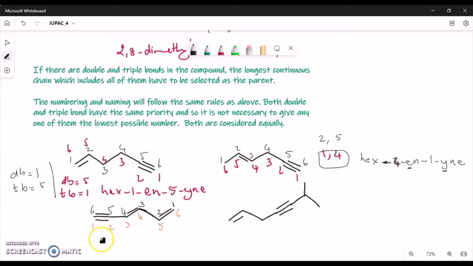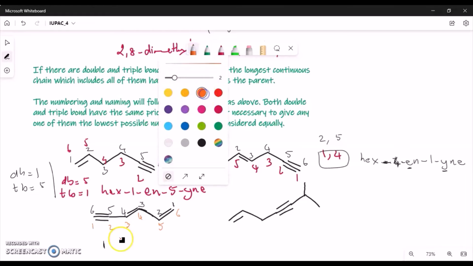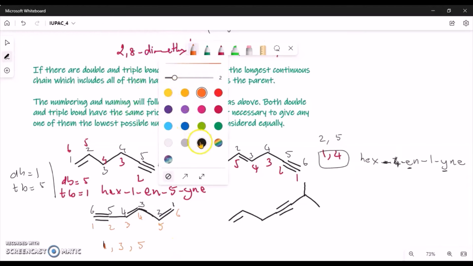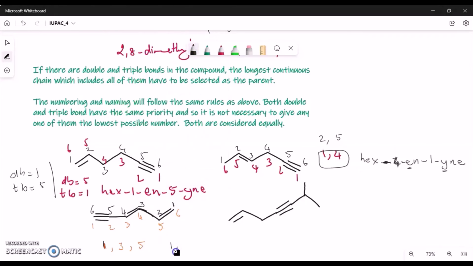If we take the orange numbering, the numbers for the double and triple bonds will be 1, 3 and 5, and for the black numbering it will be 1, 3 and 5. So both sides give the same numbers, so we can choose either one.